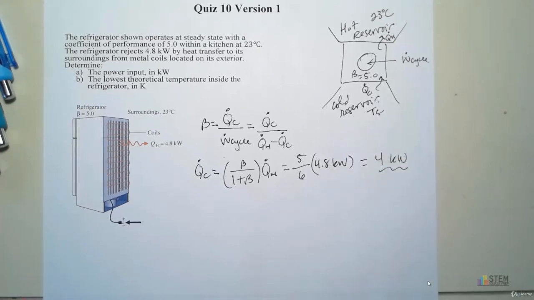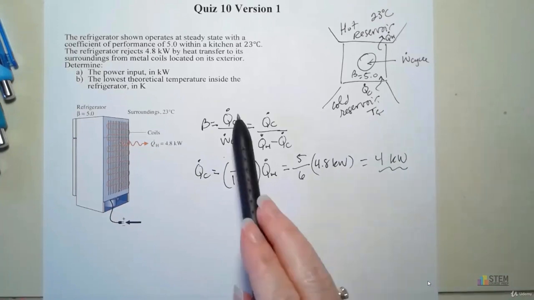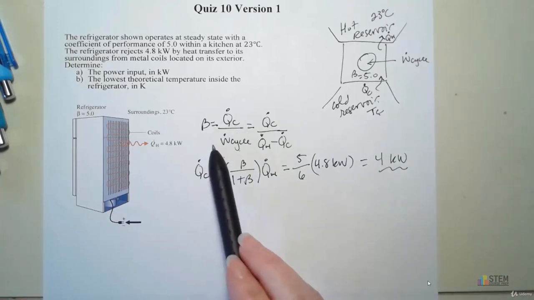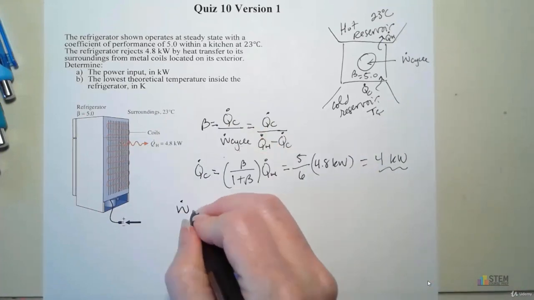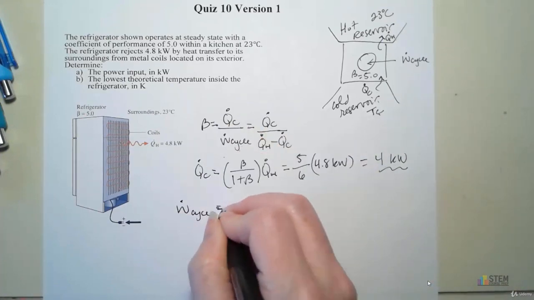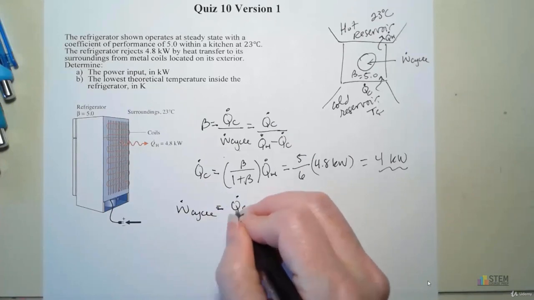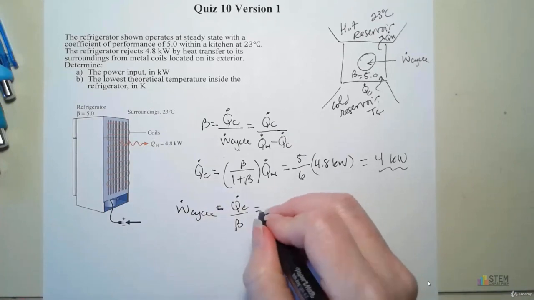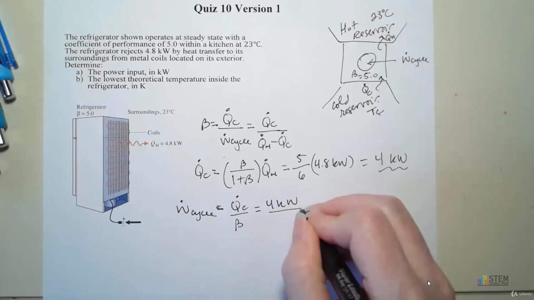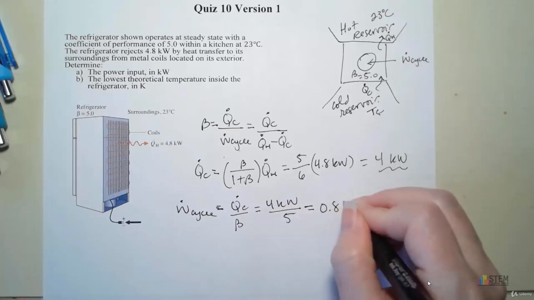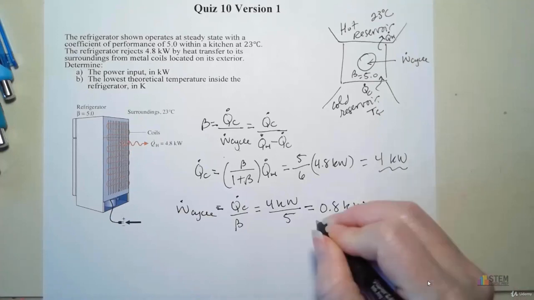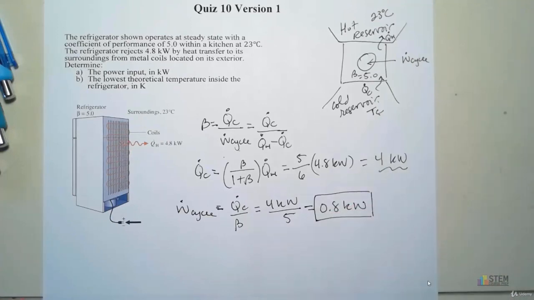Now we're going to take that and plug it back into this equation right here. If you solve this equation for W dot, we're going to get QC dot over beta. So we get 4 kilowatts over 5. That's going to give you 0.8 kilowatts. Now that is the power input.